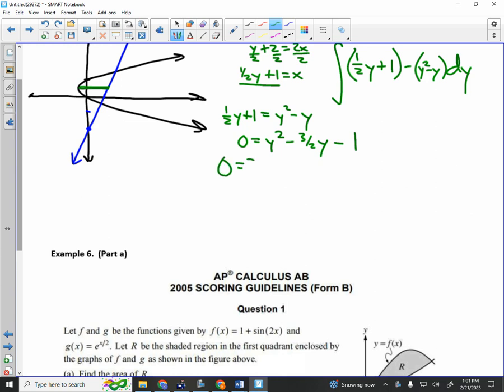So I have 0 equals 2y squared minus 3y minus 2. That looks like something that could maybe factor, right? So 0 equals, I'm sorry, 2y and y. Any thoughts?